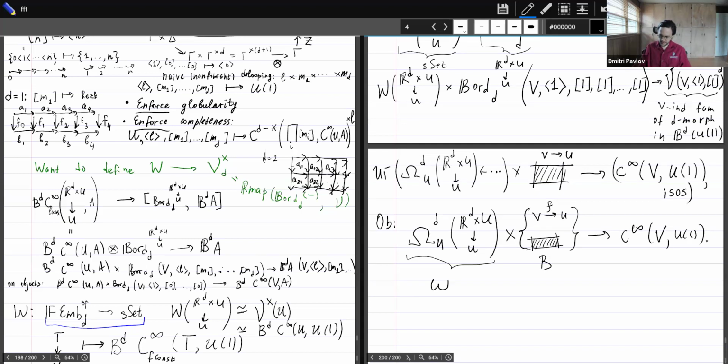Well, that's very easy. First, let's take omega and pull it back along F. And when I say pull back along F, I mean F as a map of base spaces. So the pulled back form will be a fiber-wise differential D form over V. And here RD times V projects onto V now.